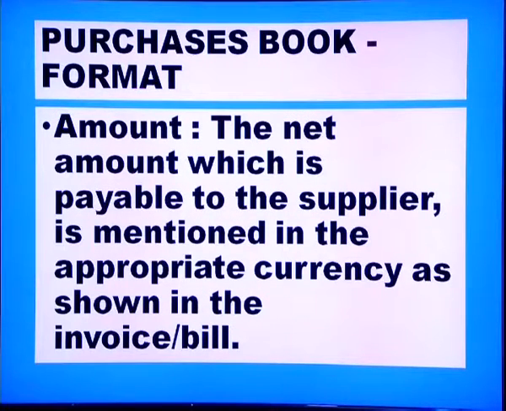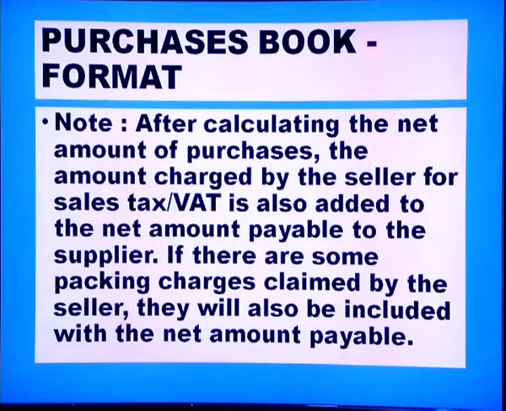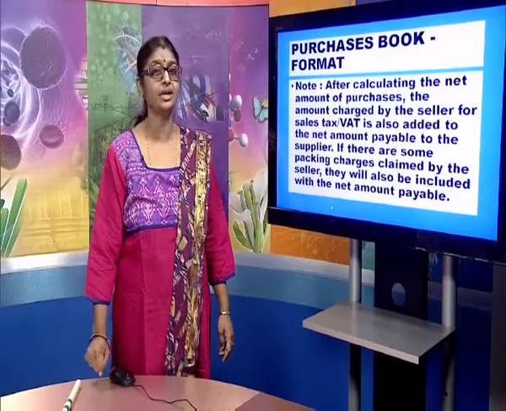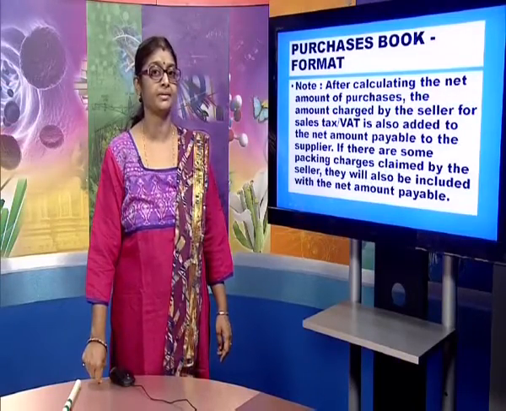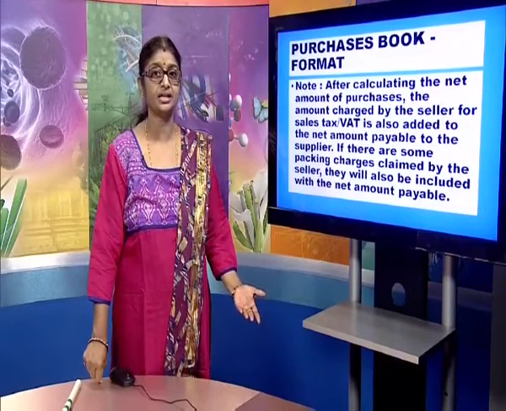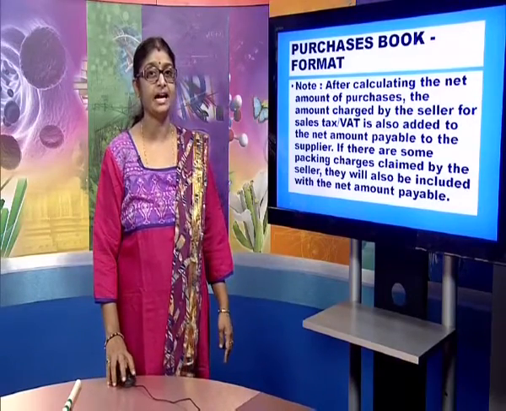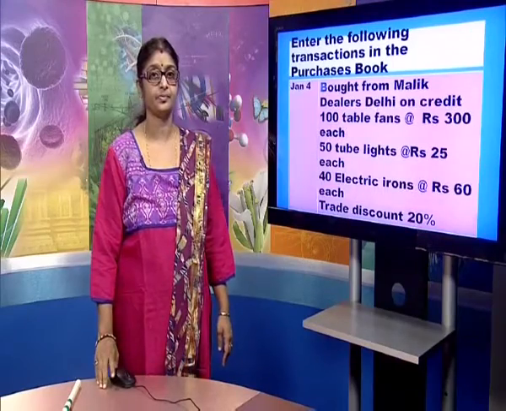In the amount column, the net amount payable to the supplier is mentioned. After calculating the net amount of purchases, the amount charged by the seller for sales tax is also added to the net amount payable to the supplier. If there are packing charges, they will be added after that.